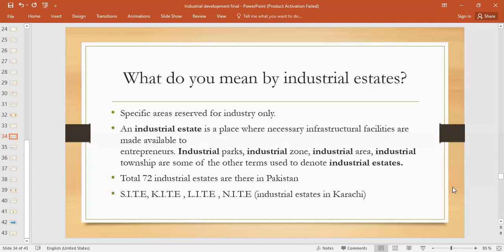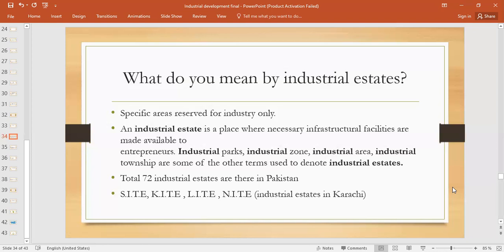And if we talk about Karachi, we have SITE, where your school is also located, right? The full form of SITE is Sindh Industrial Trading Estate Limited. This is Pakistan's first industrial estate. Then we have KITE, that is Korangi Industrial Trading Estate Limited.